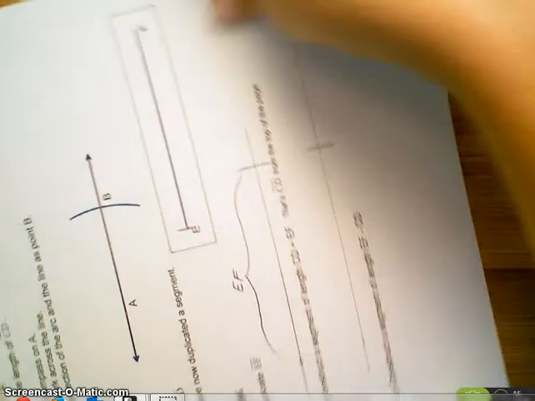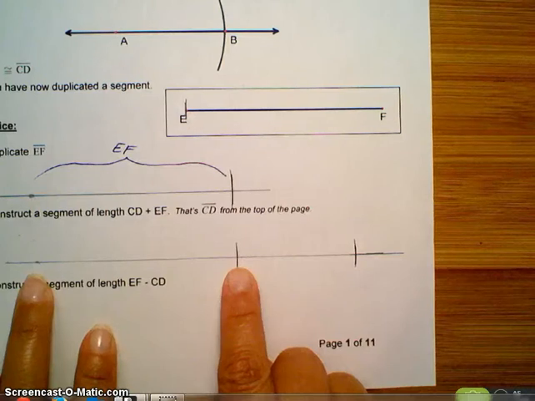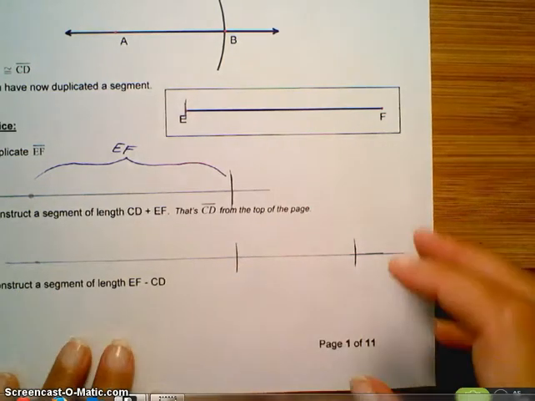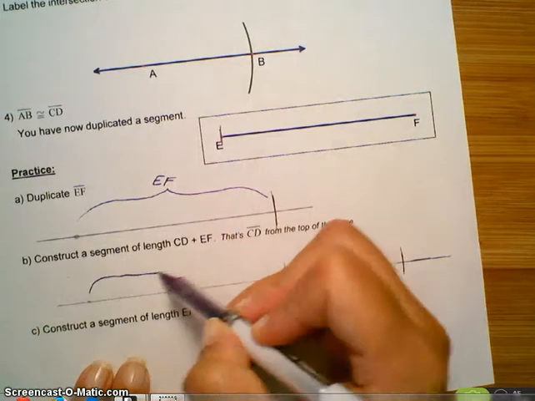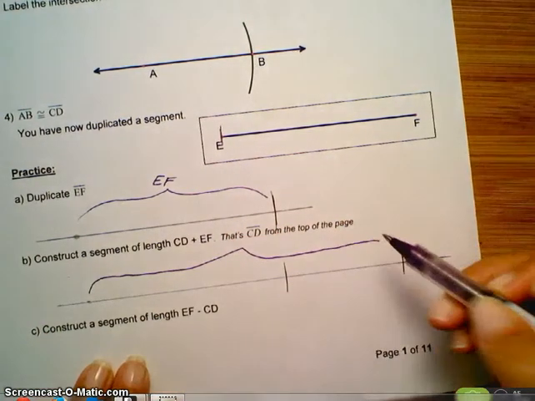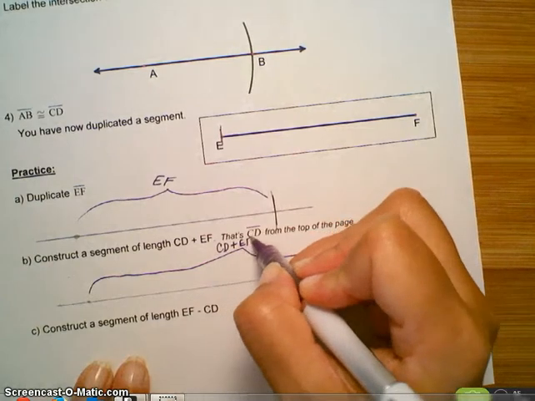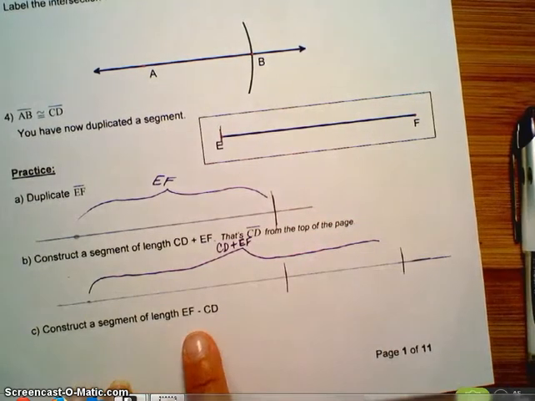As you can see in this picture, this segment from here to here is EF, from here to here is CD, and we just use our pen or pencil to show that that is CD plus EF.